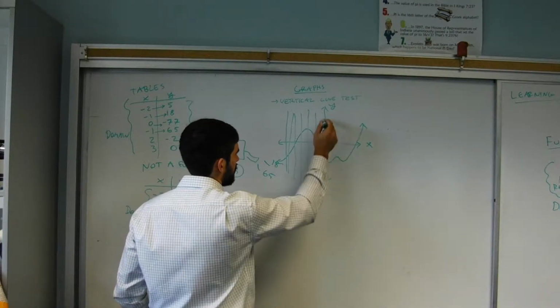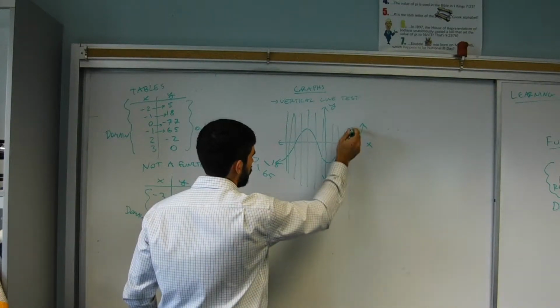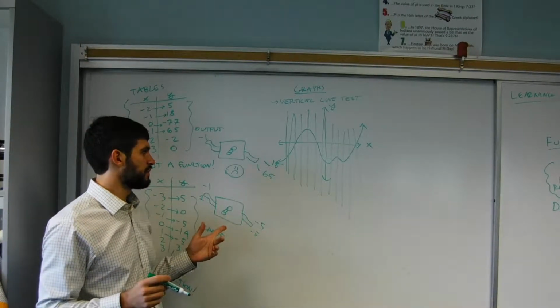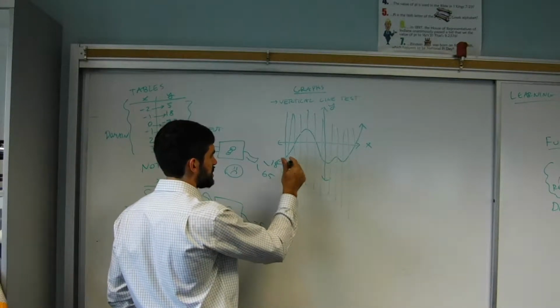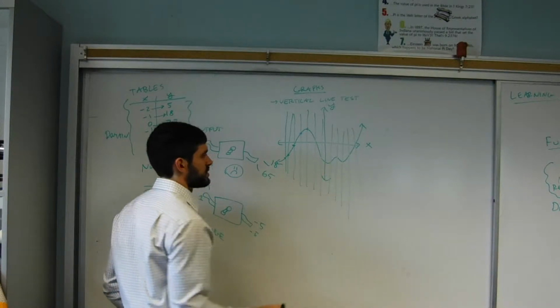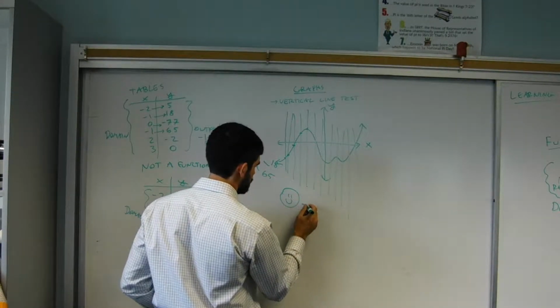And if our vertical line passes through 2 or more points of the graph, then it is not a function. So if we look at this one, no matter how many vertical lines we draw, it's only going to pass through one point. So this one is a function.